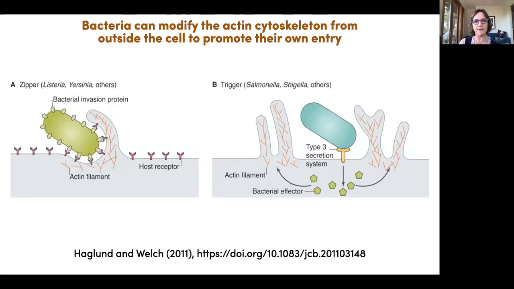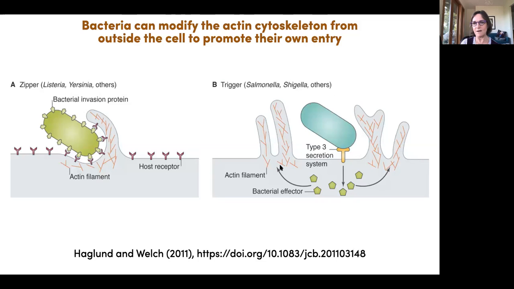And these are very common kinds of themes. These are examples of how bacteria, in this case, use external signals, either to interact with proteins on the cell surface, or they'll actually inject signals into cells that trigger rearrangement of the actin cytoskeleton.